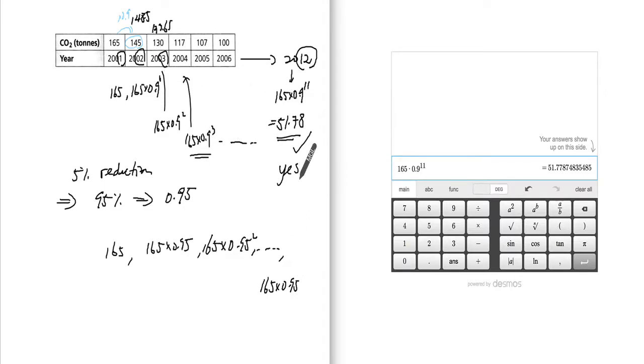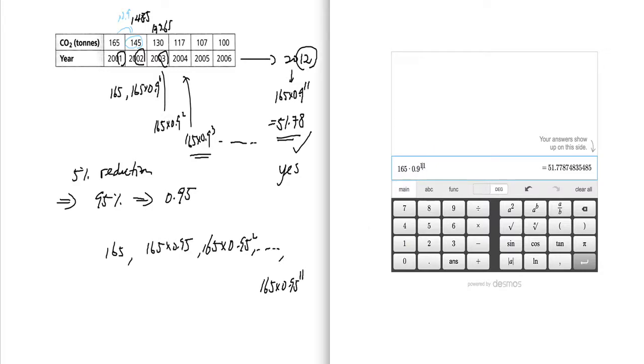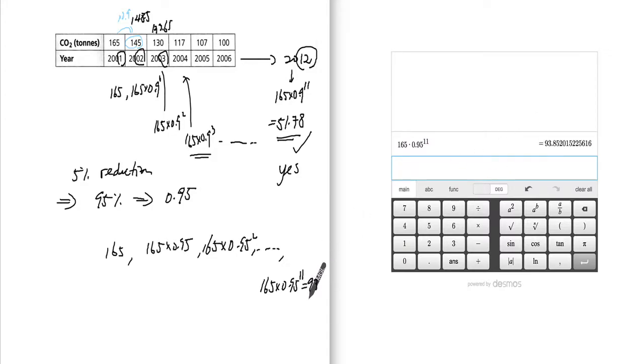Exactly the same pattern, so it'll be the power of 11. So the only thing I have to change here is this, and I get 93 tons. This is larger than 70, so we will not be able to reduce the pollution level to less than 70 tons.